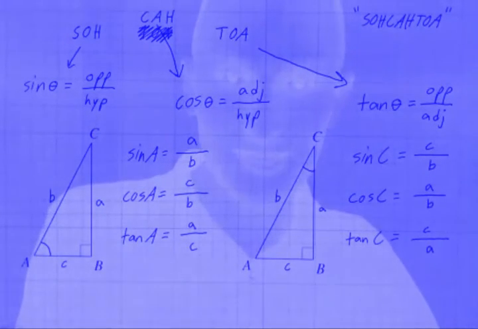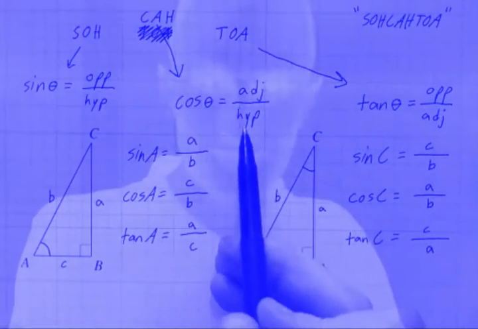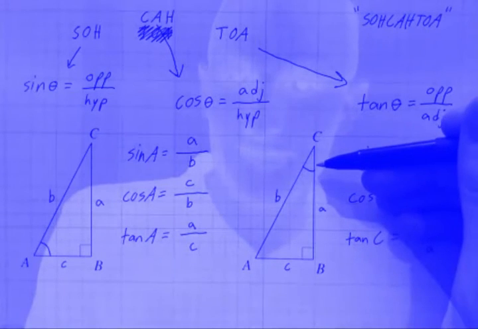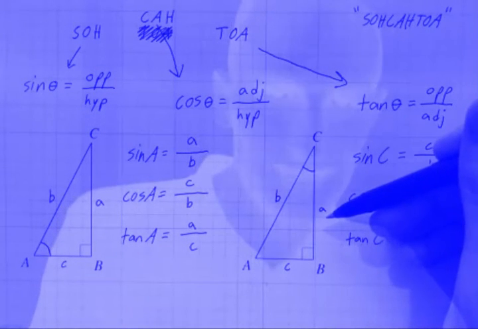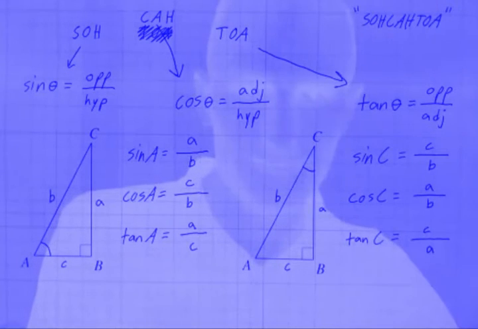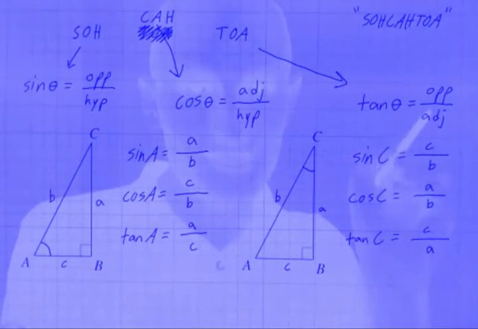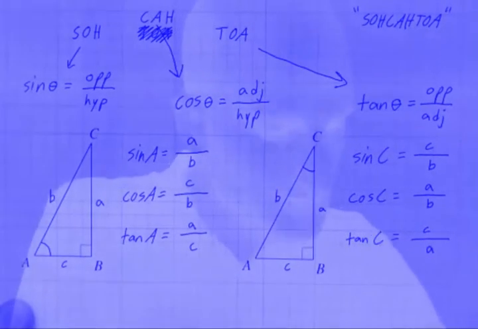Then we said, what is the cosine of this angle? Well, we know it's adjacent over hypotenuse. When this is the reference angle, the adjacent side is little a, and the hypotenuse is little b, A over B, boom. Now tangent is opposite over adjacent.